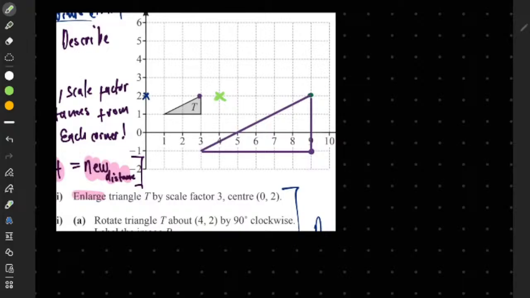So look at the steps. This is the most important thing. The first thing we did when we are drawing a rotation was we identified the center where everything is going to be rotated from. Then the second step is, please tell me the distances for every point from that center.